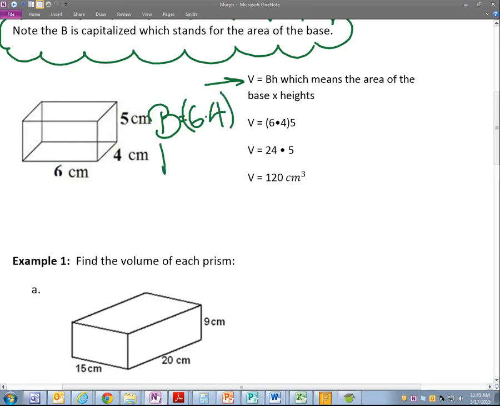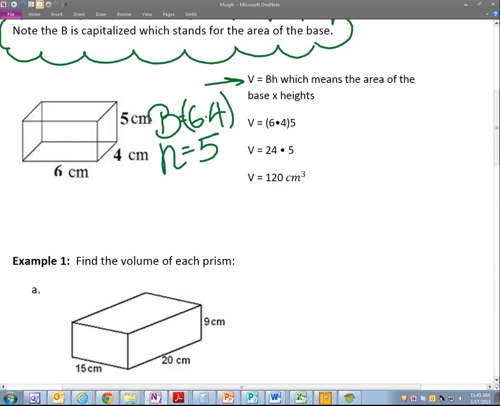My height is going to be 5. Capital B is 6 times 4 because that's the base. So 6 multiplied by 4 is 24. Then we multiply by 5 because there are going to be 5 slices of bread.